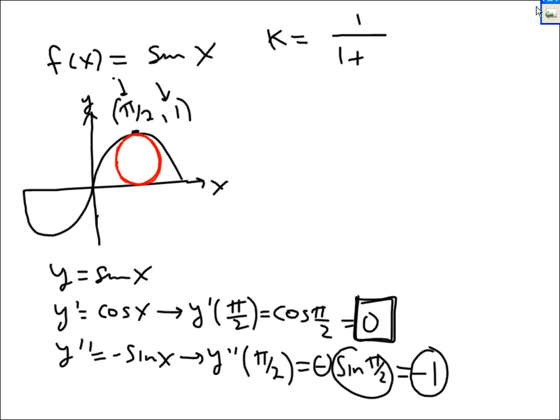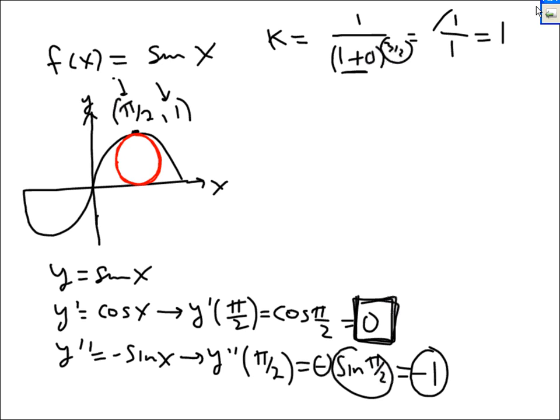Well, y prime at our point is 0. You square it, you get 0. And this is to the 3/2 power. So you have 1 over 1 plus 0 is 1. And 1 to any power is 1. So we get that the curvature is 1.